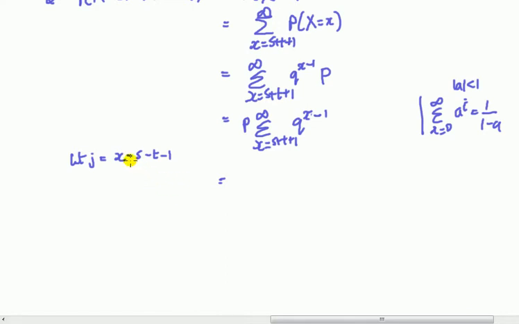Because if you do that, then the smallest value that this will be is when x is equal to that. But if x is equal to that and you take this over to the other side and subtract it, the smallest value of j will be 0. And then j will run to infinity as well, because x goes up in increments of 1. So if that thing is infinity, this guy isn't going to control that guy, so it's still infinity.